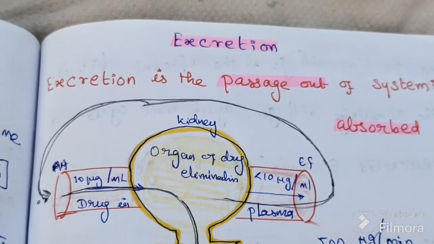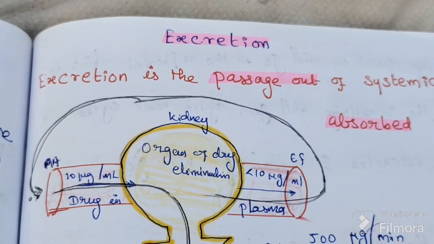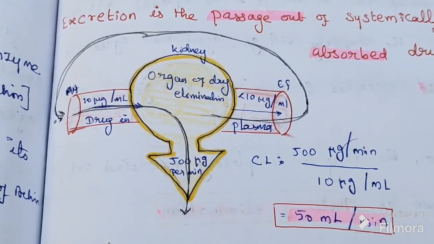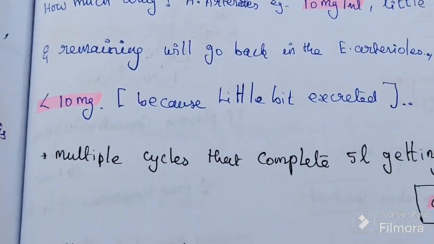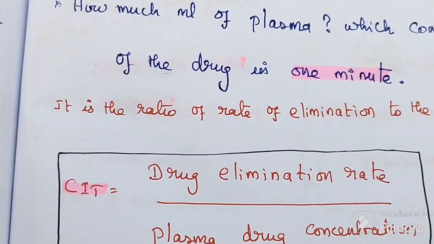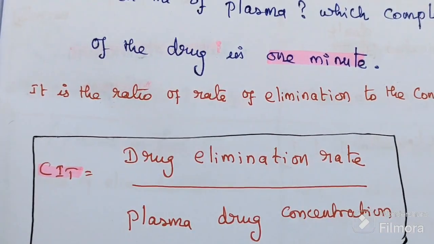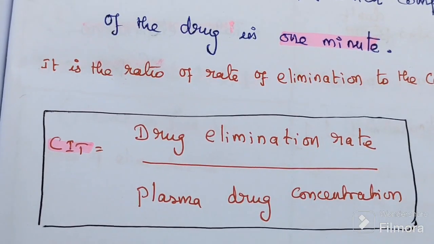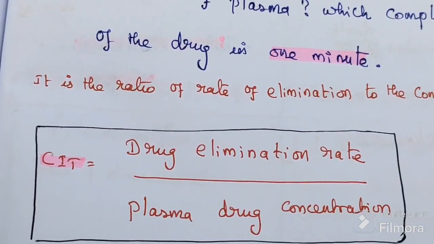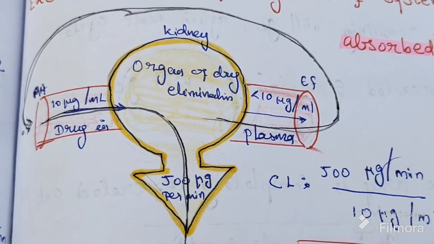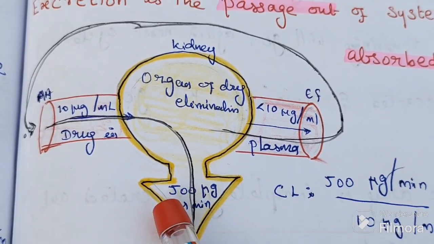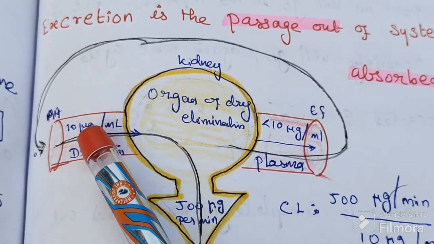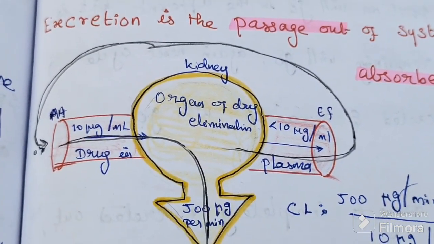So the formula for clearance is the drug's rate of elimination upon plasma drug concentration. Applying it, the rate of elimination is 500 mg per minute and the plasma concentration is 10 mg per ml.